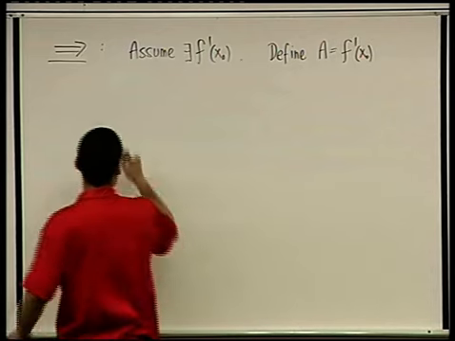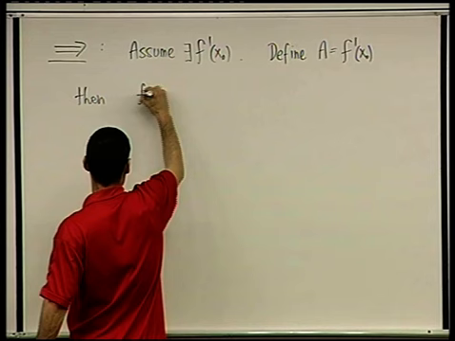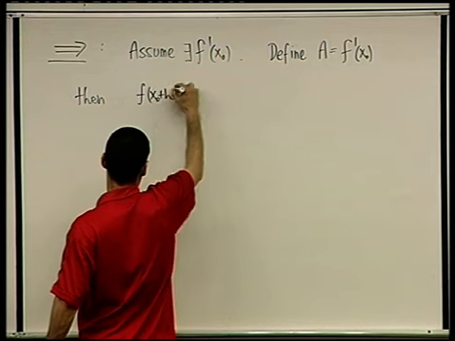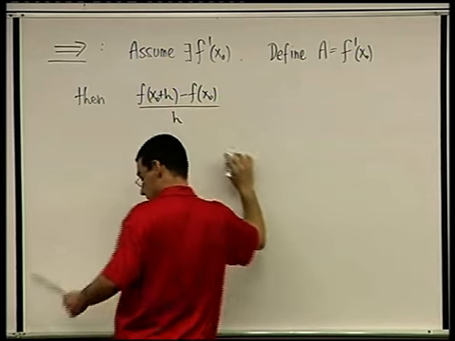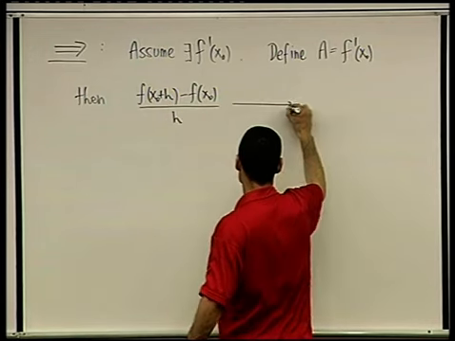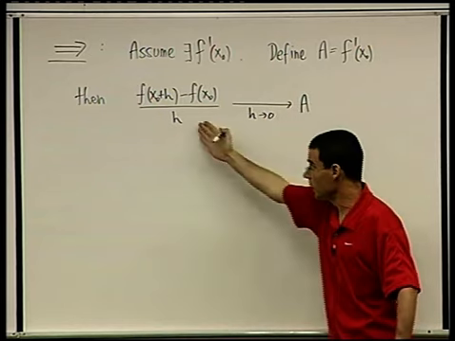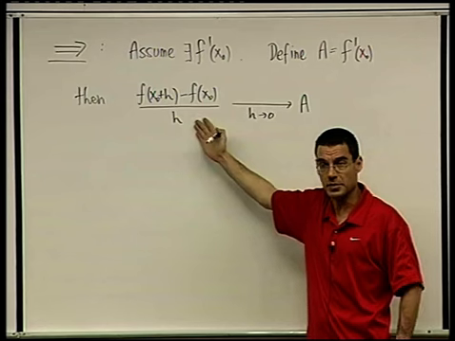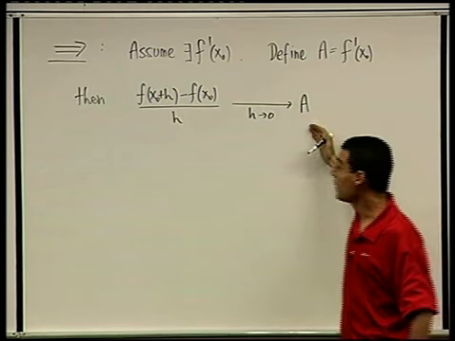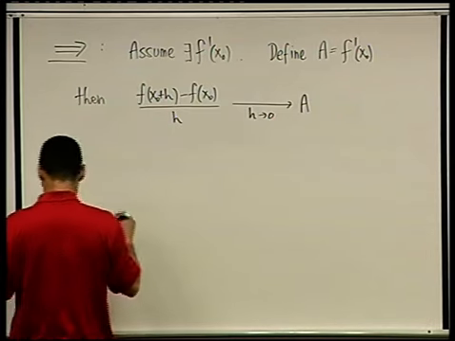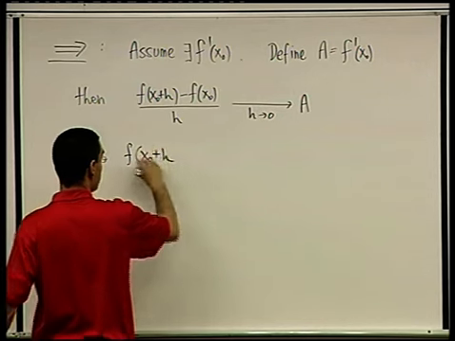And now what do we have then? F at x0 plus h minus f at x0 divided by h. The limit of this thing as h goes to 0 is a, right? Because the limit of this thing is precisely f prime by definition, and we called f prime a. Do you agree? Okay. Therefore, by limit arithmetics, a is just a number.